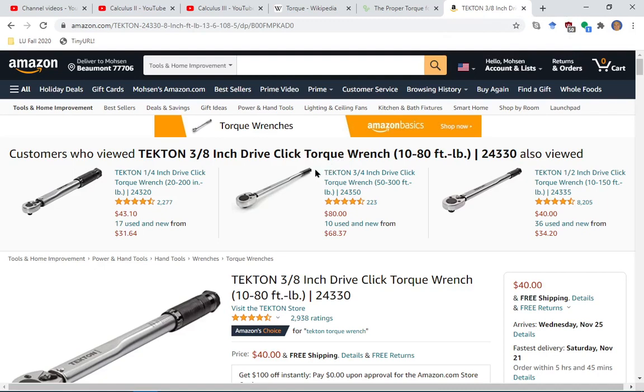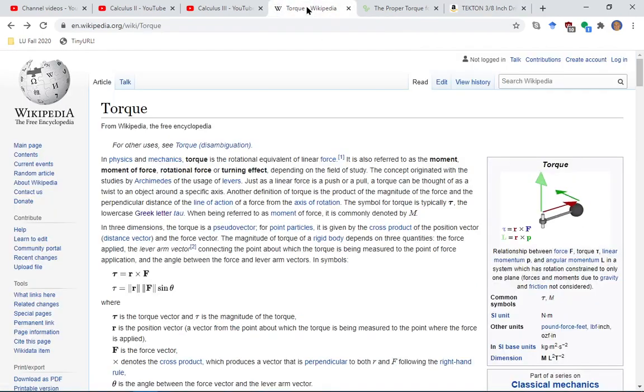So two issues come up. One is how long is the arm of this wrench, and of course how much force you are going to apply, and so on. So let's go back and take a look at the applications that we have in mind.